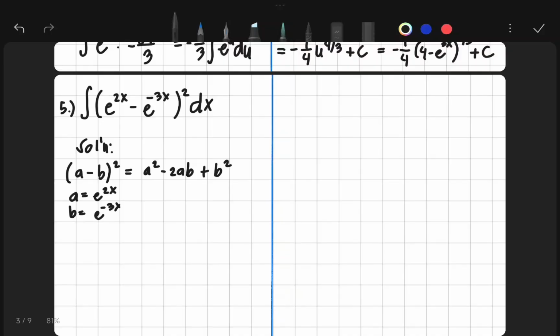Therefore, e raised to 2x minus e raised to negative 3x, raised to 2, is simply equal to e raised to 2x squared minus 2 times e raised to 2x times e raised to negative 3x plus e raised to negative 3x squared. Okay, wait, let me fix this.